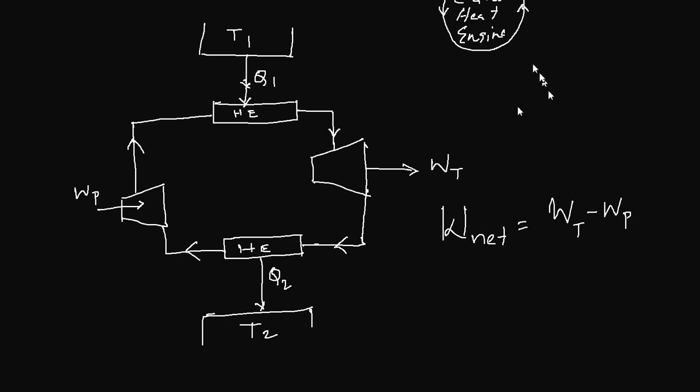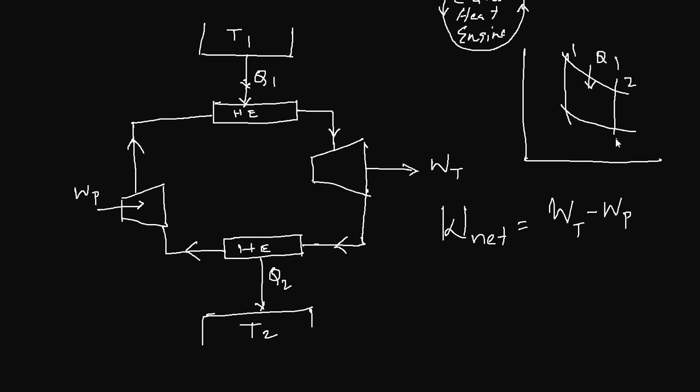If you remember the last diagram that I showed, you have processes like 1 to 2 your heat input, 2 to 3 your work output, 3 to 4 your heat rejection, and 4 to 1 your pump work.